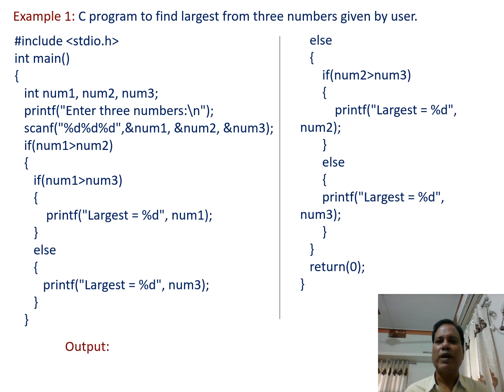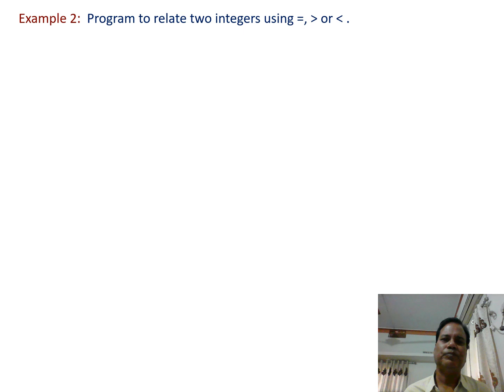When this program is run, initially the message enter 3 numbers is displayed, and when we enter the 3 numbers like 12, 33 and minus 70 and press the enter key, the output largest equals 33 is displayed.